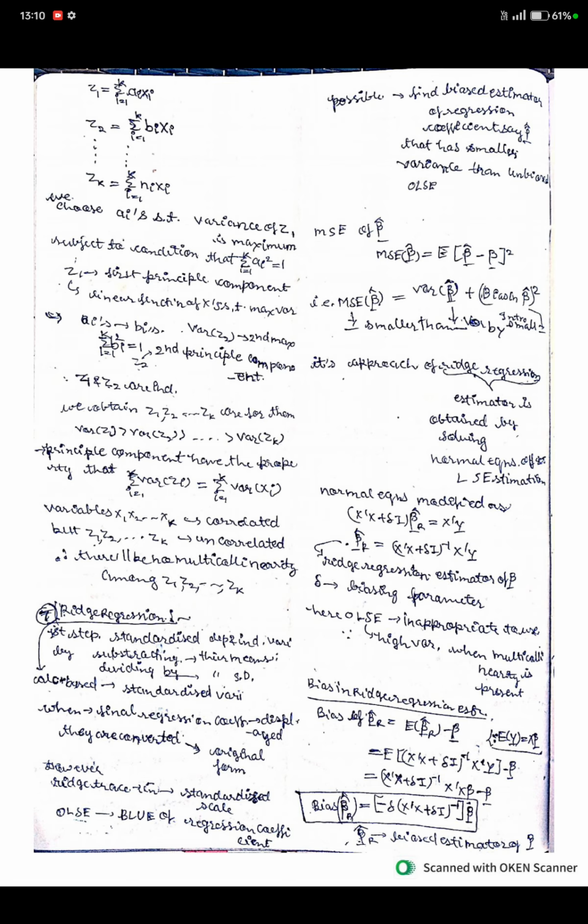Therefore, there will be no multicollinearity among z1, z2 and so on zk.